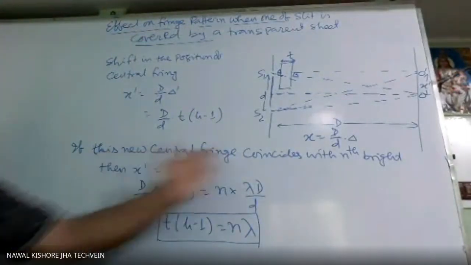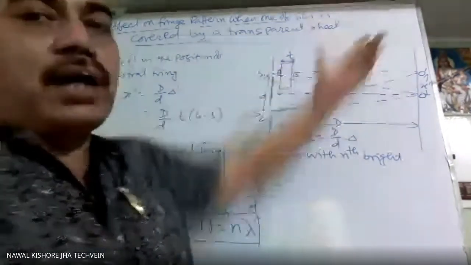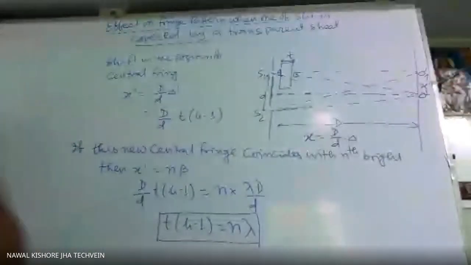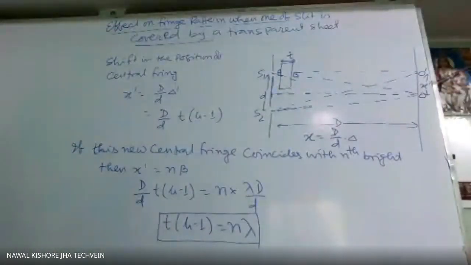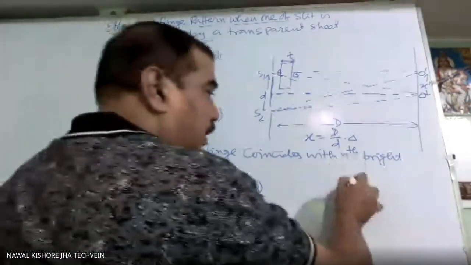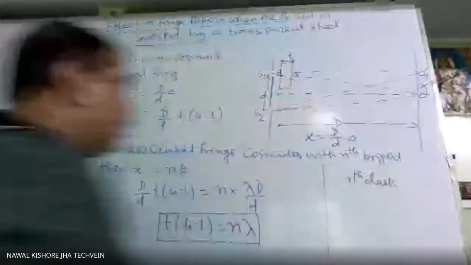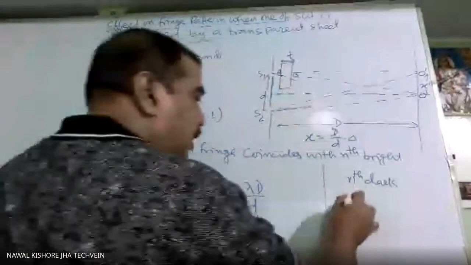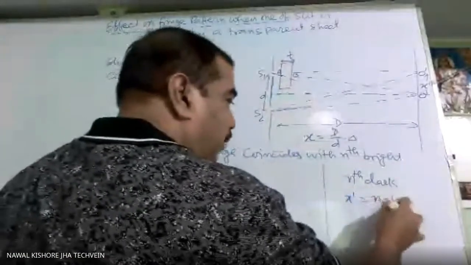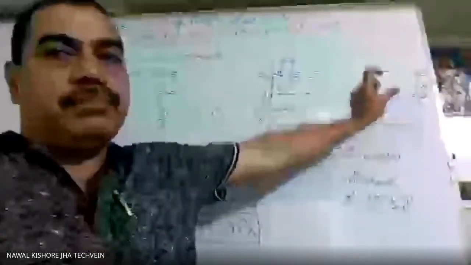Now suppose it coincides with the nth dark, then what will be? Originally the nth dark was there. In place of this, if it is the nth dark, then this x dash must be equal to n minus half. Central bright, first dark means beta by 2.